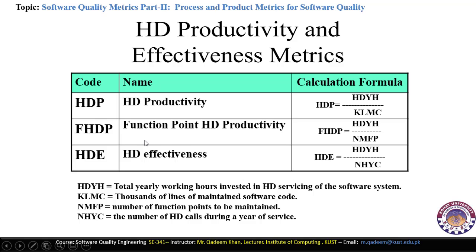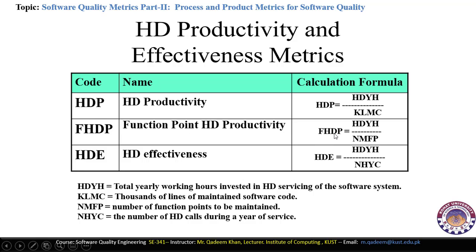Now we also have the function point help desk productivity metric. This metric is relevant to function points, and for a particular function point the help desk calls are counted for the productivity. So the previous one is created for the full project, while this one is created for particular function points.